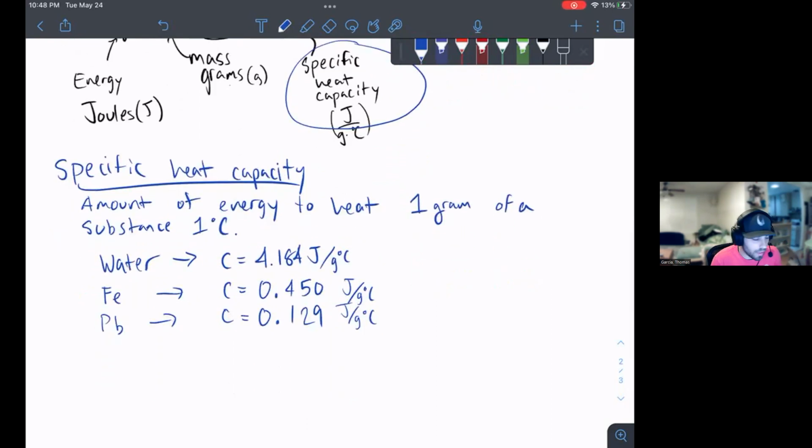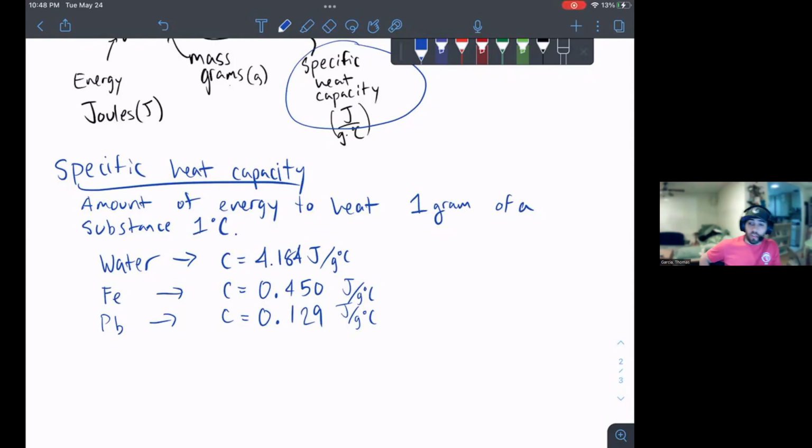And as we look at other elements, honestly, metals usually have very low ones. We can get a whole bunch of different ideas of how much energy it takes to heat something. So this is super important.